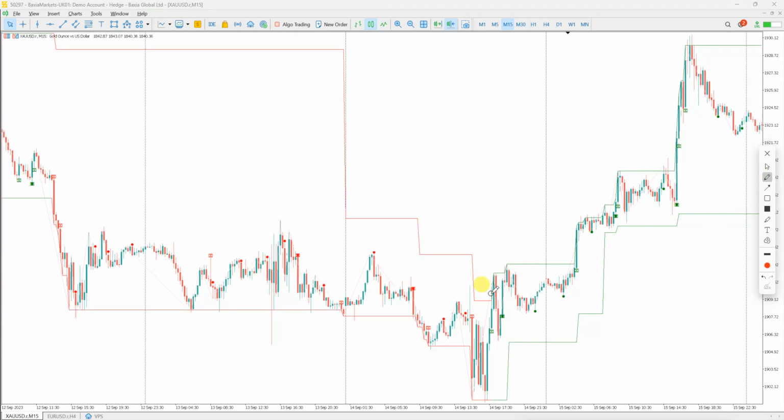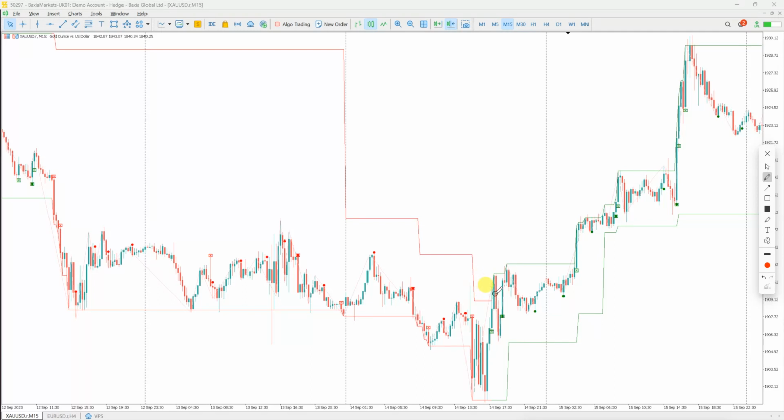Okay, here it broke one and it broke two, and it stays above it. Okay, it stays above this. That indicates a bullish trend. So what I'm saying is that change of character alone is not enough.